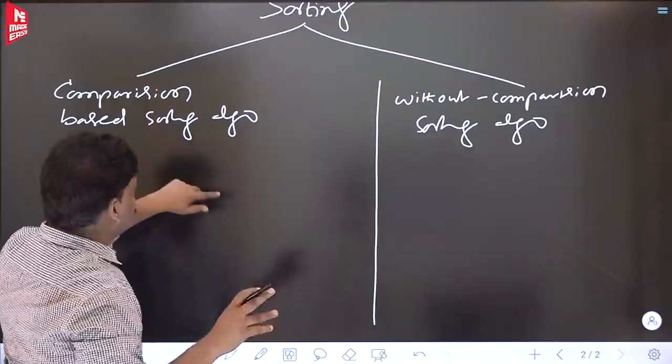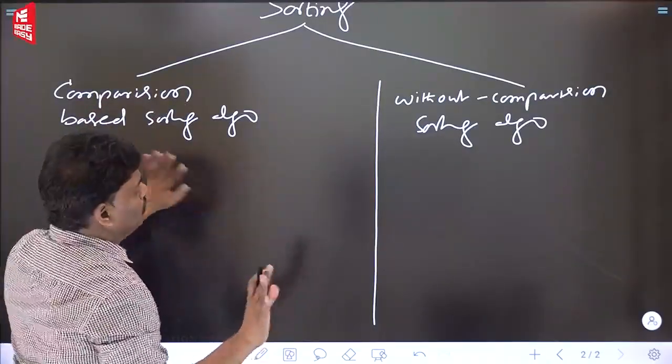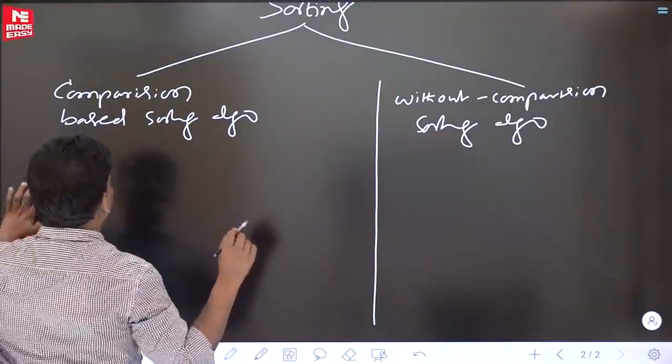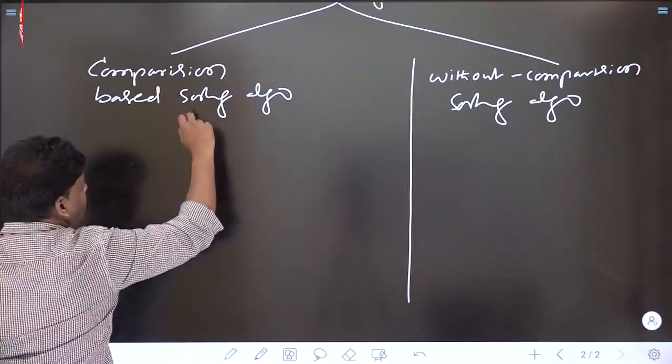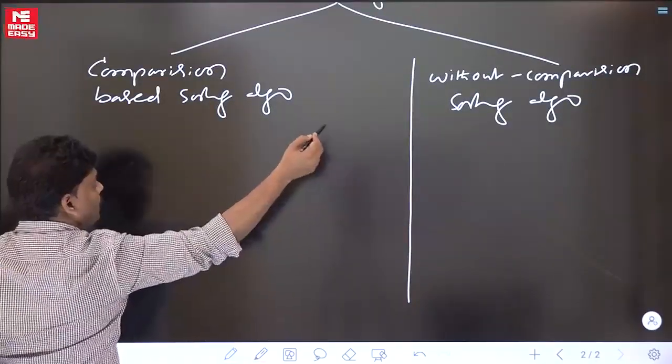Sorting algorithms are 2 types: with comparison, without comparison. Next one. Some people are asking, with comparison sorting algorithm, without comparison sorting algorithm, it's okay.